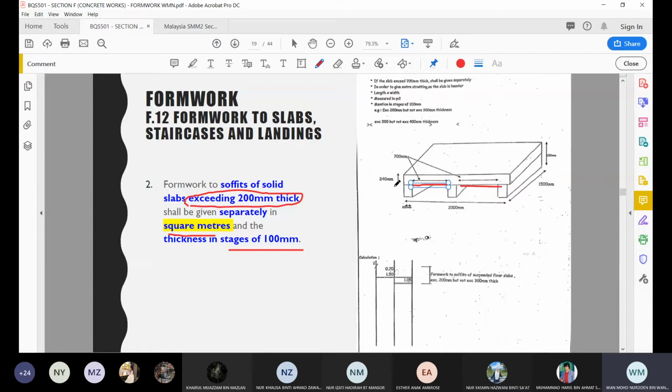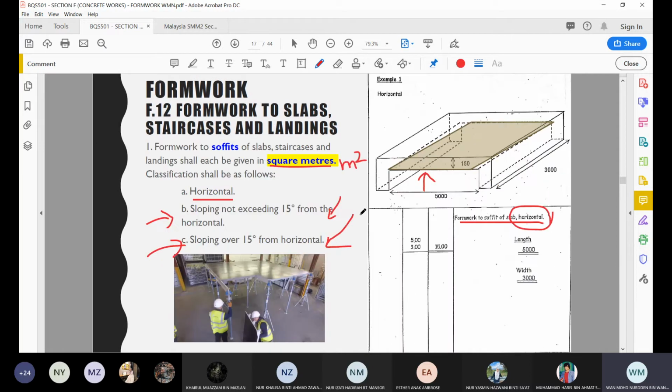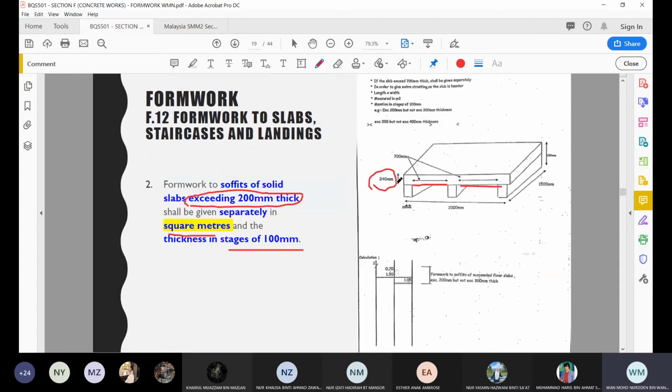In this case, the thickness of our slab is 240 mm. We did it in square meter, the same as when we measured the slab earlier. Formwork to soffit of slab, except this time the thickness is different, 240 mm, so it should be measured separately. Don't get too excited and do everything together. If the thickness is more than 200 mm, it should be measured separately.